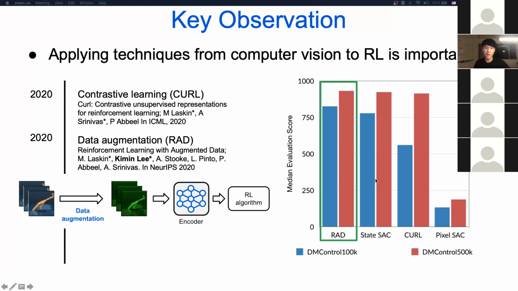Because data augmentation is a kind of implicit regularization based on the reward signal from our environment, we found that data augmentation can induce more RL-specific representation in our encoder, and such representation can be much more useful to improve the sample efficiency of our method. So the main insight from these two papers is that by utilizing existing methods from computer vision, we can improve the sample efficiency when applying RL to pixel observation.